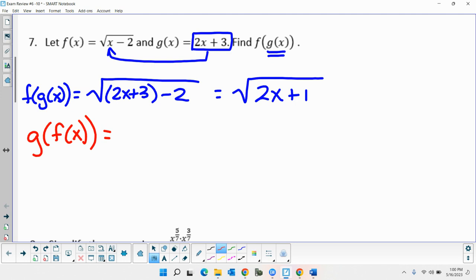So, what do I do with the f of x this time? Plug it into the g, right? So now it's 2, and instead of x, I put that square root of x minus 2 in that spot, and then the plus 3. Can I put the 2 underneath in there?